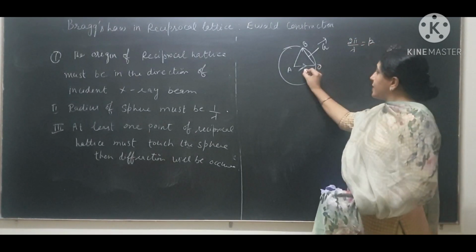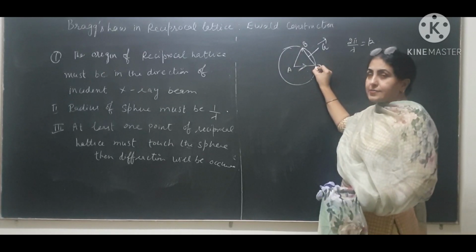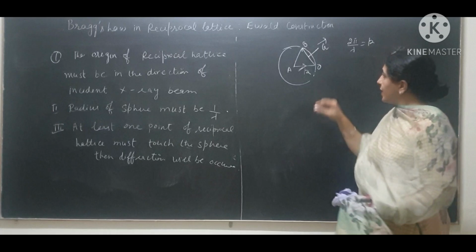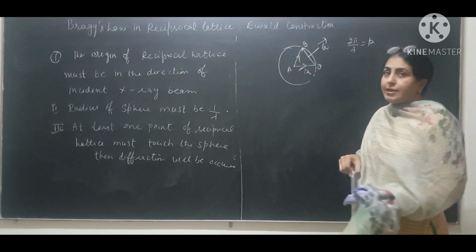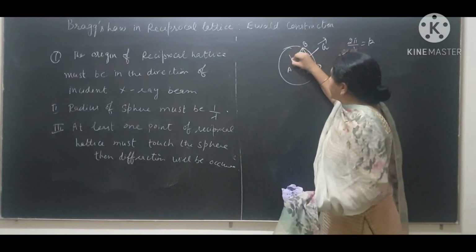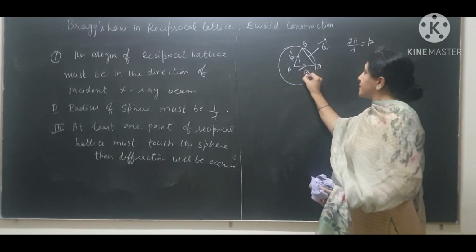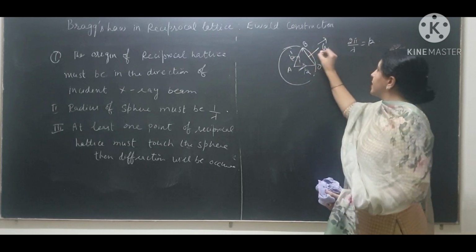So I write the incident beam as K, and the diffracted beam as K dash. So this is K, this is K dash, this is G.